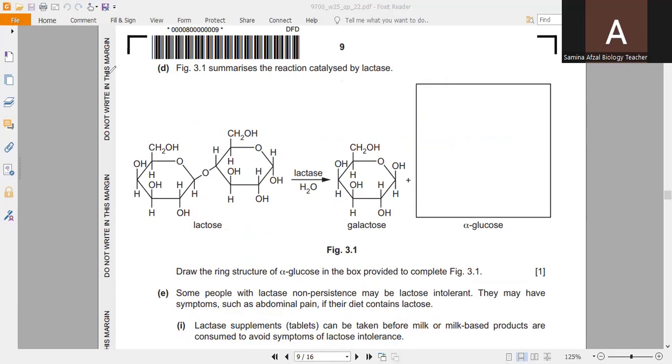Draw the ring structure of alpha glucose in the box provided to complete figure 3.1. Here lactose will be broken down. It will be hydrolyzed by adding water in the presence of lactase enzyme. So there will be the formation of galactose and alpha glucose. So I would like to draw the alpha glucose right over here.